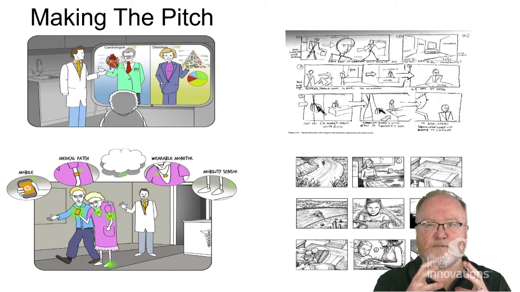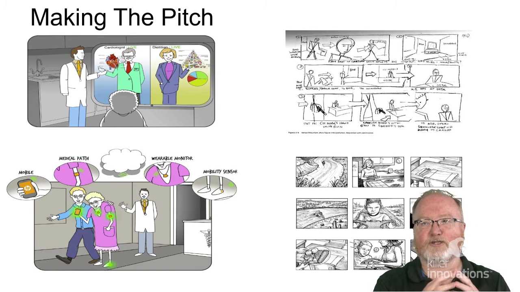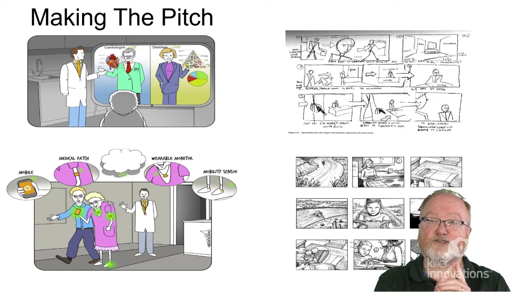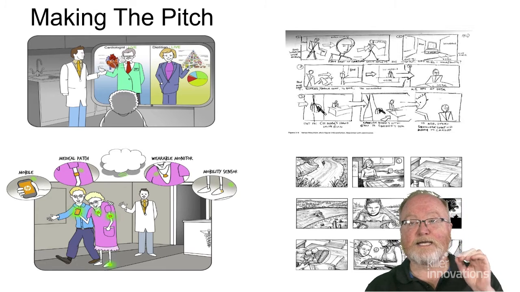The key when you are making a pitch, when you're trying to secure support from your boss, secure support from other executives, raise money from venture capital, or go to friends and family to get them to throw some money into it, is you have to tell the story of your idea in such a way that they can see what life will be like when your idea is made real, when your idea is delivering.